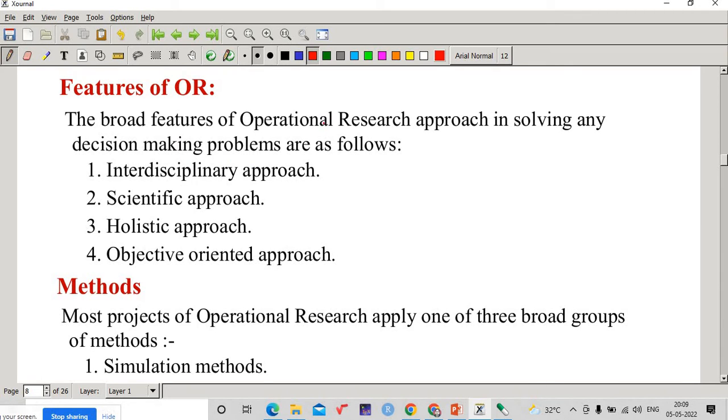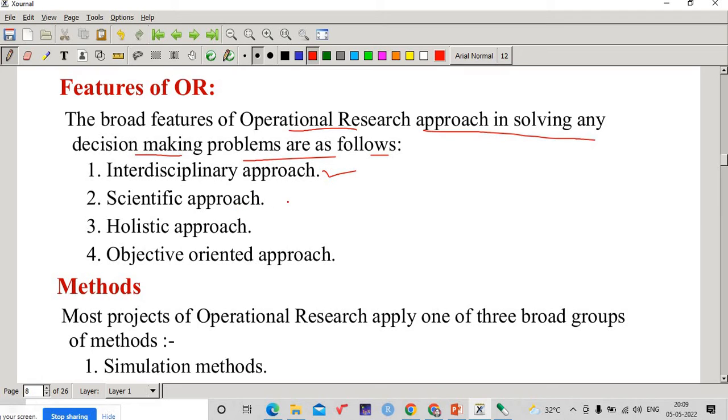Now, the broad features of the operational research approach in solving any decision making problem are as follows. Interdisciplinary approach, definitely. You name the branch, we can have application of OR in that branch. Whether it is mechanical engineering, heat and power, design engineering, civil engineering, IT, computer, everything.